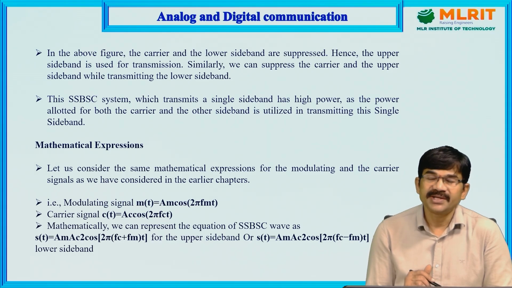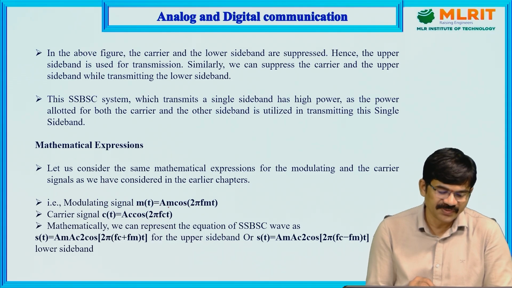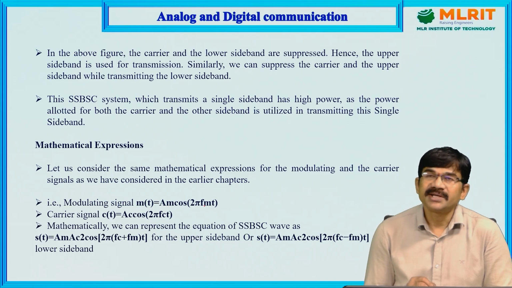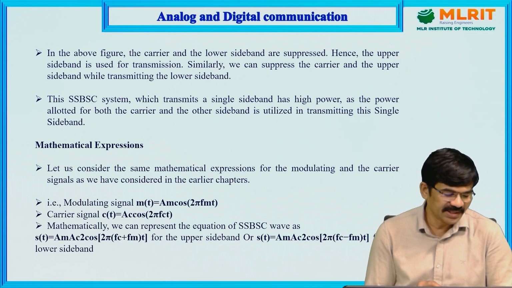So what have we taken? The modulating signal we have taken is Am cos 2 pi fm t. The carrier signal we have taken is Ac cos 2 pi fc t. So how do we represent the SSBSC mathematically?